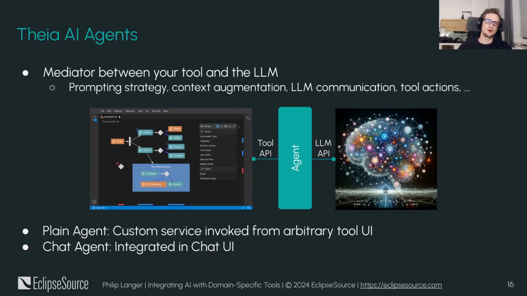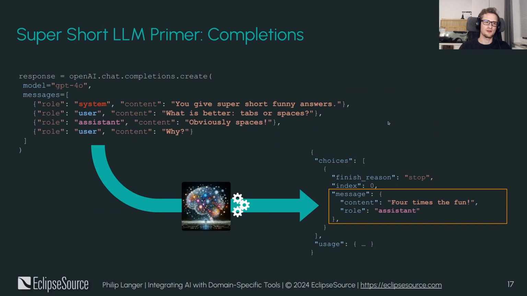Before diving into how agents are implemented, just a very short primer on how to interact with an LLM in general, just in case you don't know that yet. In very simple terms, the only thing that the LLM service usually needs to provide as a basic functionality is, given a set of messages, which can be tagged by roles.